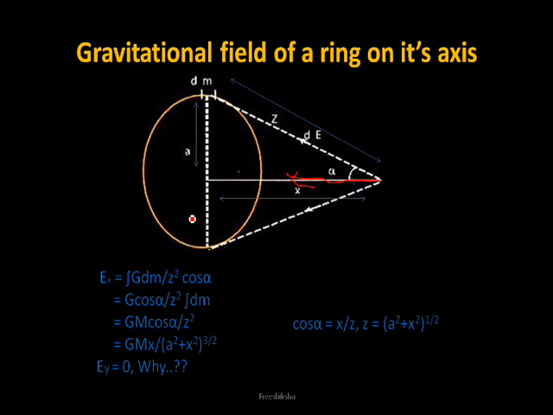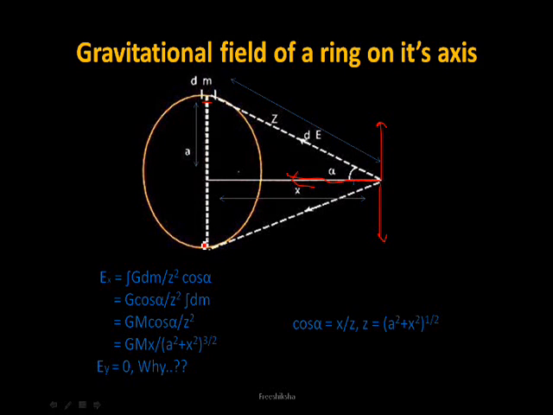Why? Can you answer this question? Why will the field in the y direction be 0? The answer is that the Ey here will be cancelled by the Ey there. How?